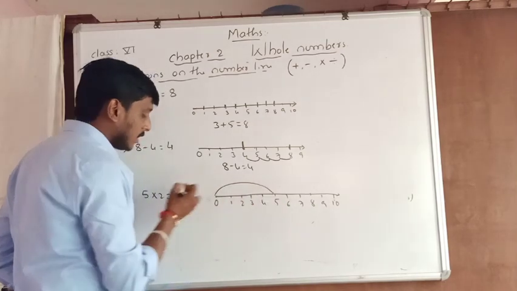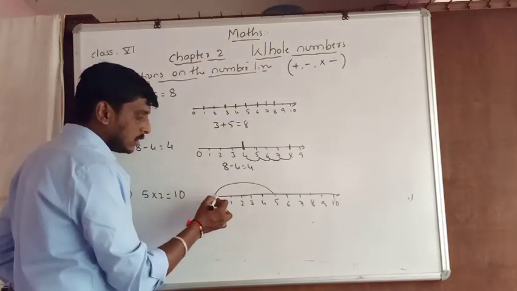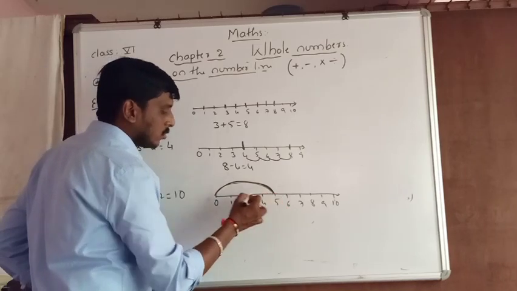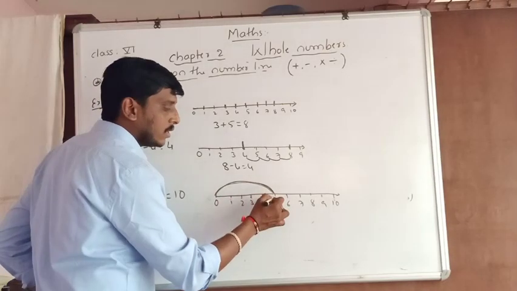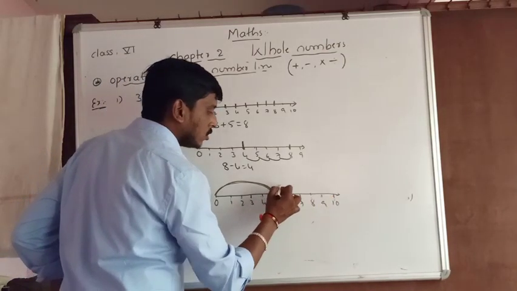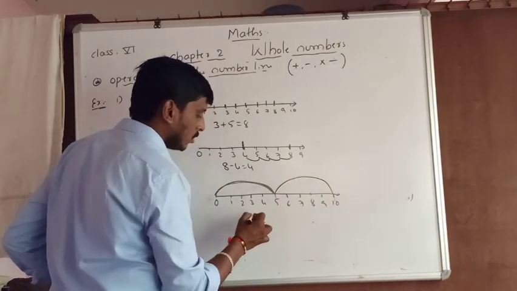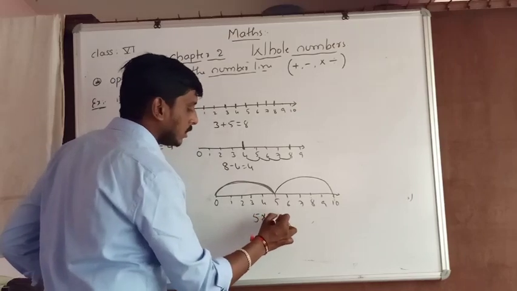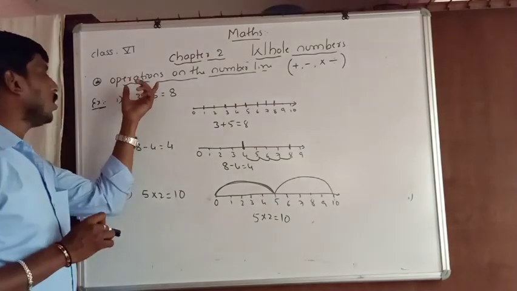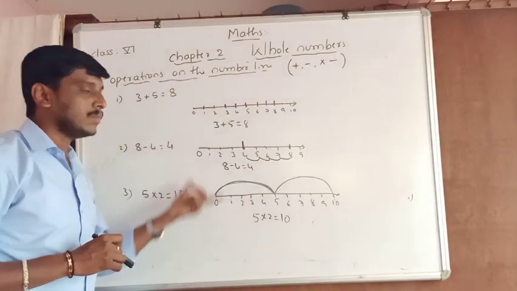How many times? 2 times. This is one time, 5. One more time: 1, 2, 3, 4, 5. So 5 into 2 is 10 itself. I hope you understood how to operate on numbers on the number line.